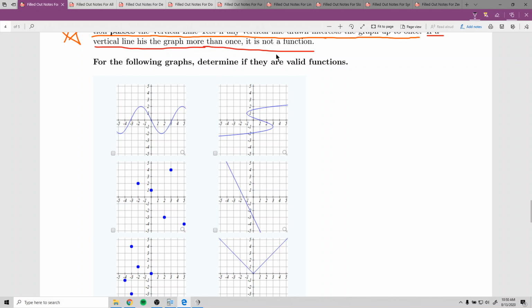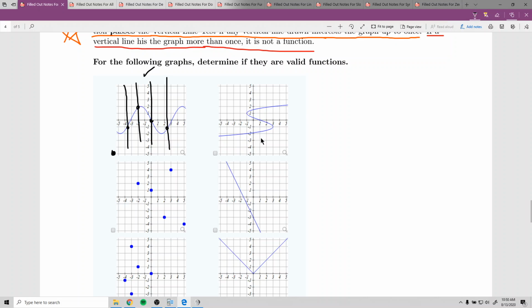So it says for the following graphs, determine if they are valid functions. This first one is a valid function on the top left because if we draw any vertical line, it's only going to hit the graph once. And it's hitting here, and here, and here, and here. It's good to go. Right.